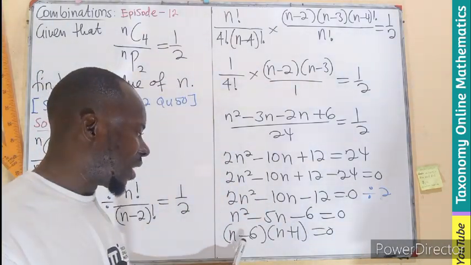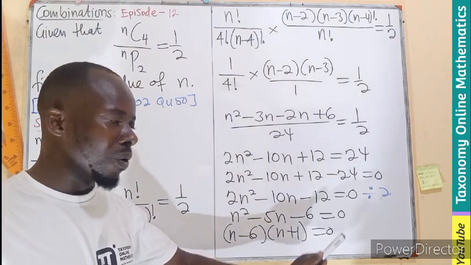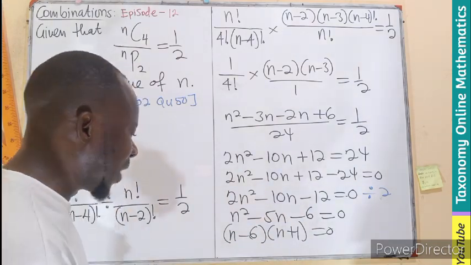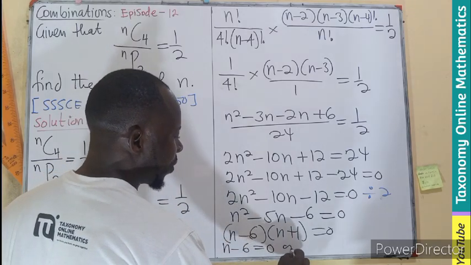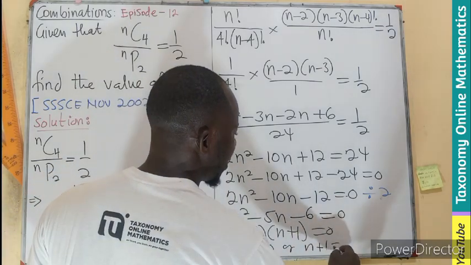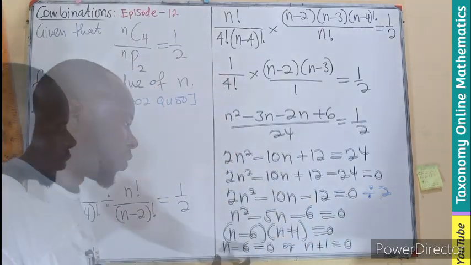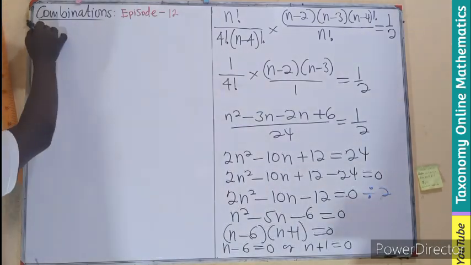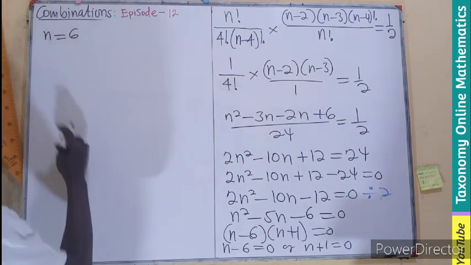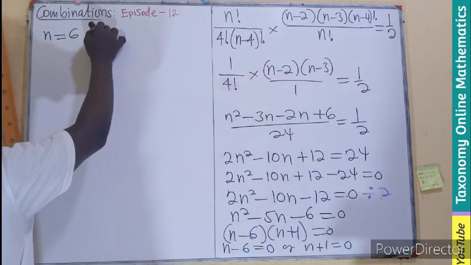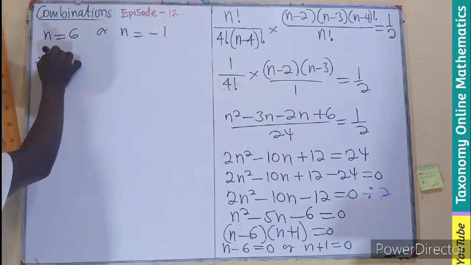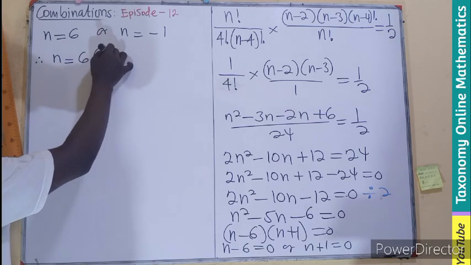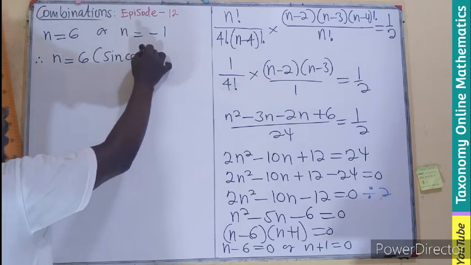But here we are looking for the first bracket to be 0 or the second bracket to be 0. So either n minus 6 is 0 or n plus 1 is what? 0. So right from here, we can say our n is 6 when we transpose it, or our n is -1.